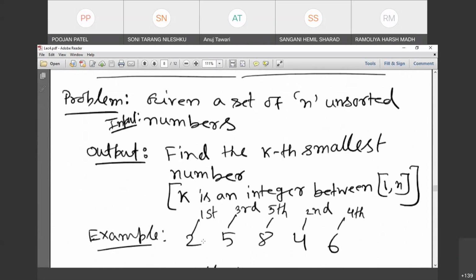Let's say you are given this array: 2, 5, 8, 4, 6. 2 is the smallest number, 4 is the next largest, 5 is the next, 6 is the next, 8 is the next. I'll give you an input k and you tell me the kth smallest number. So how will you solve this?